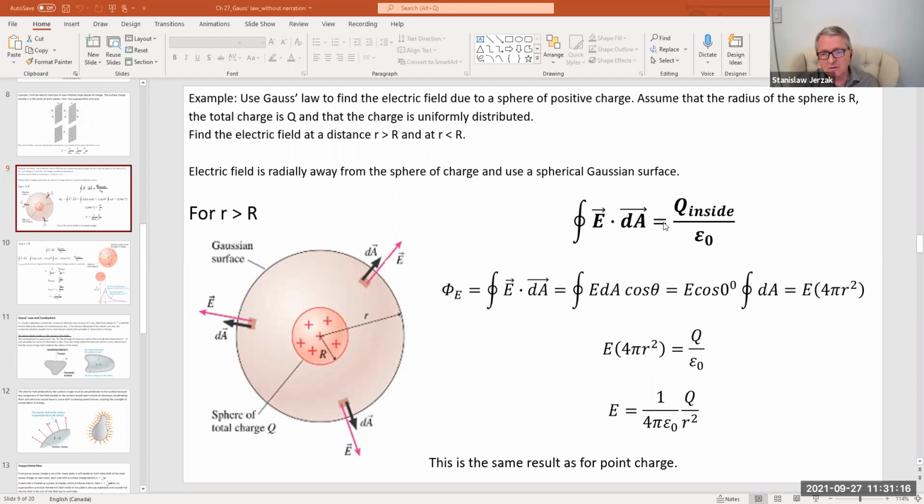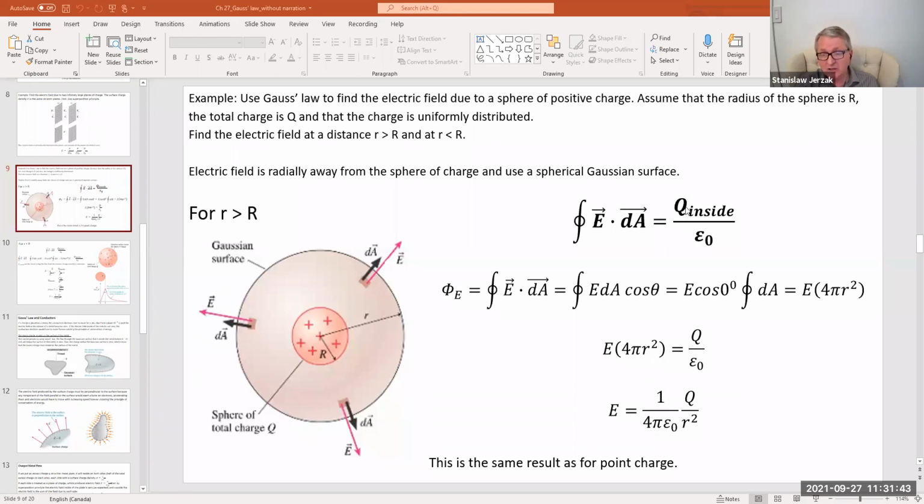No matter what shape of closed surface you select, the flux of electric field will be the same and must be equal to that net charge inside divided by epsilon naught.